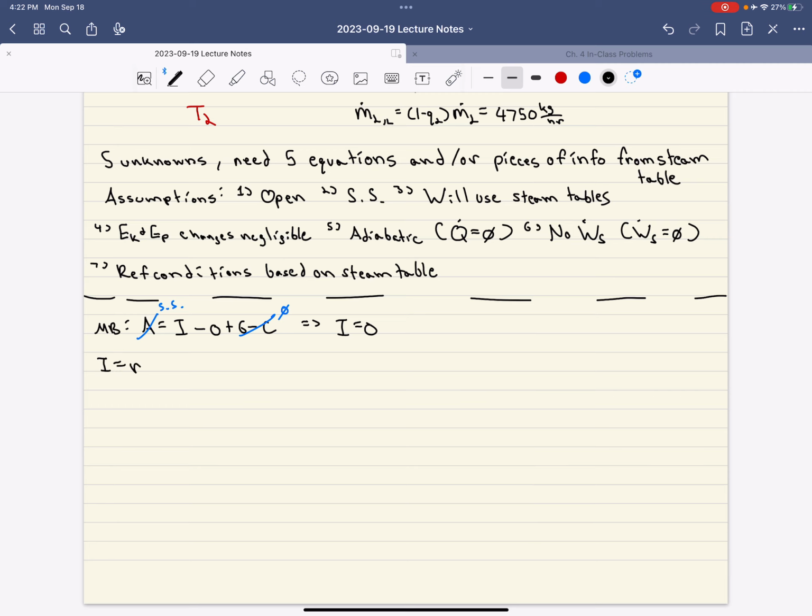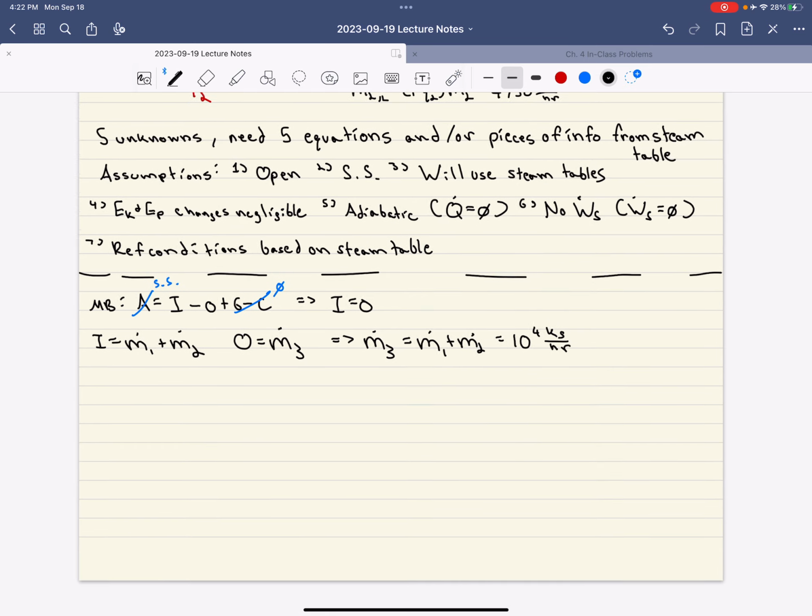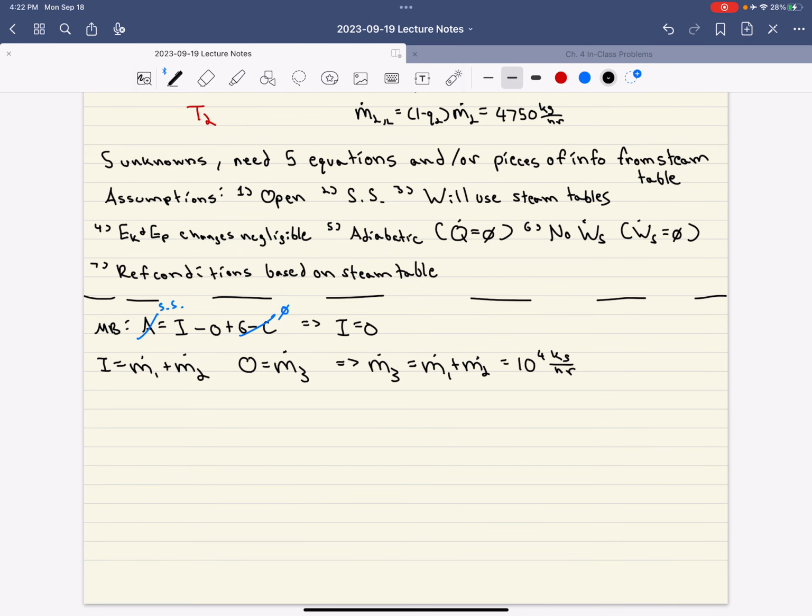Our input term is equal to the sum of the mass flow rates of stream 1 and stream 2, and our output is just stream 3. Therefore, we know that M3 is just the sum of M1 plus M2. If we add those together, we get 10 to the 4th kilograms per hour. Right? So that's the overall mass flow rate.